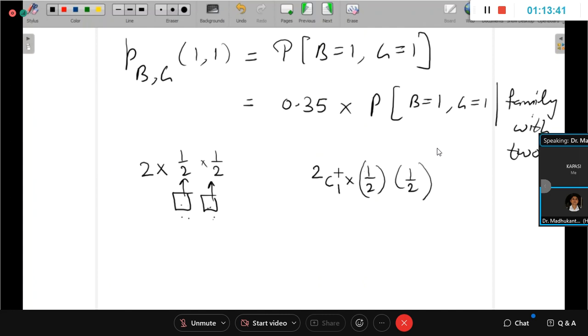So out of 2, 1 is a boy with probability 1 by 2, and the other one is a girl with probability 1 by 2. So this is going to be 0.35 into 2 by 4, which is 1 by 2. Does that make sense?